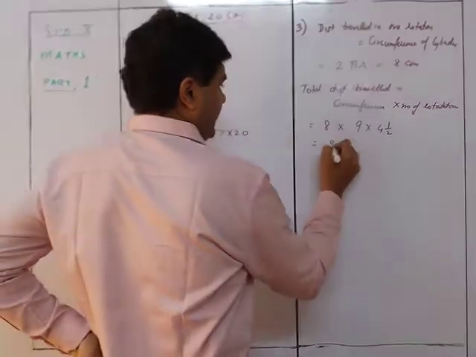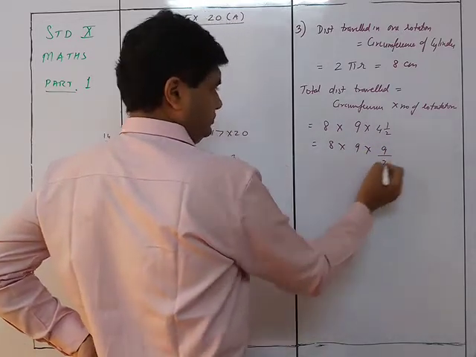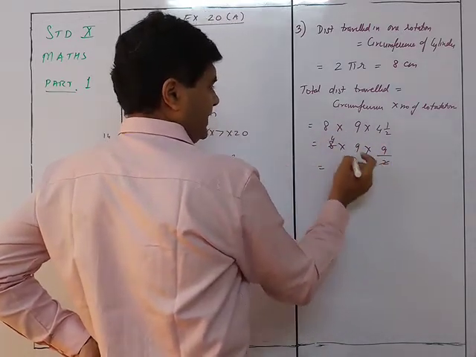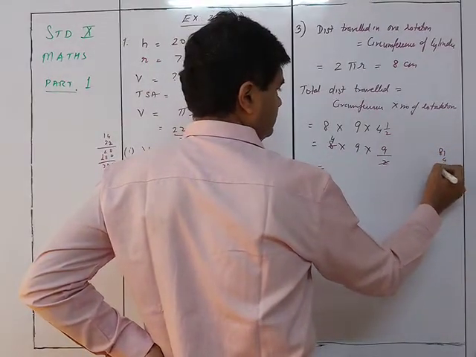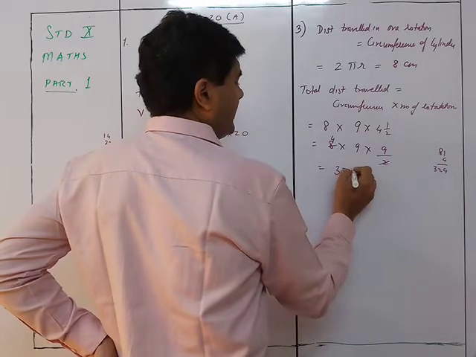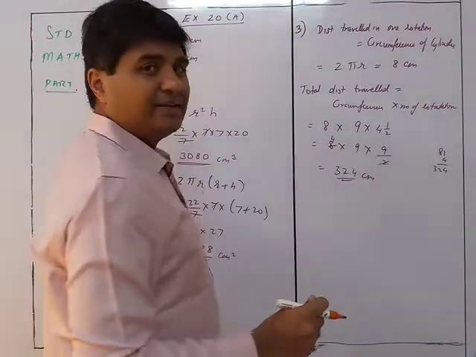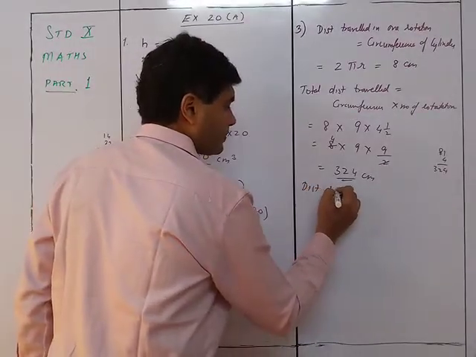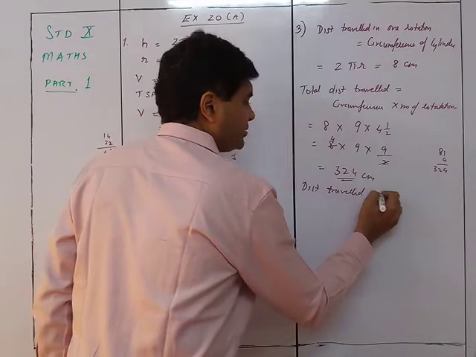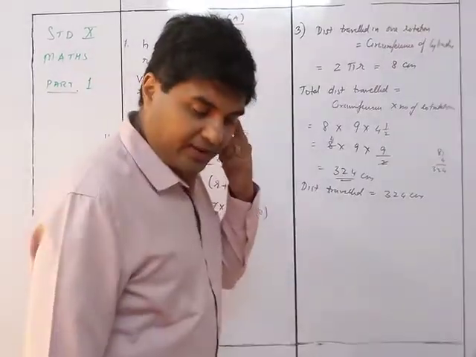So that is 8 into 9 into 9 upon 2, which is 81 into 4, that's 324 centimeters. So the distance traveled is 324 centimeters. Okay, that is one part.